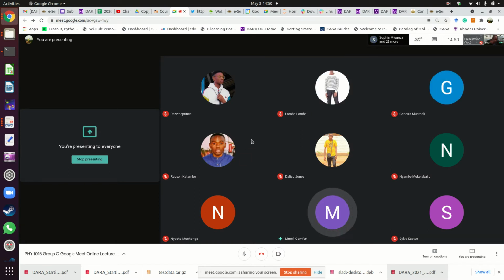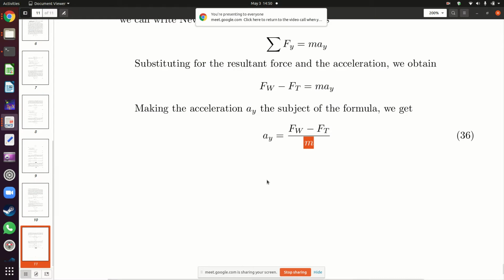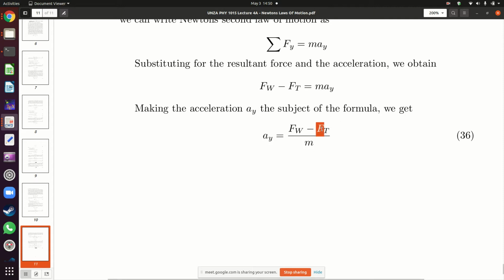So, for the equation that you've written, Ay is equal to Fw minus Ft over m. Do we consider the same Ft, the tension force for the object when it is at rest, or what? No, when you are lowering down something very fast, usually the tension is less than the weight. So when there's acceleration, usually something is less than the other.